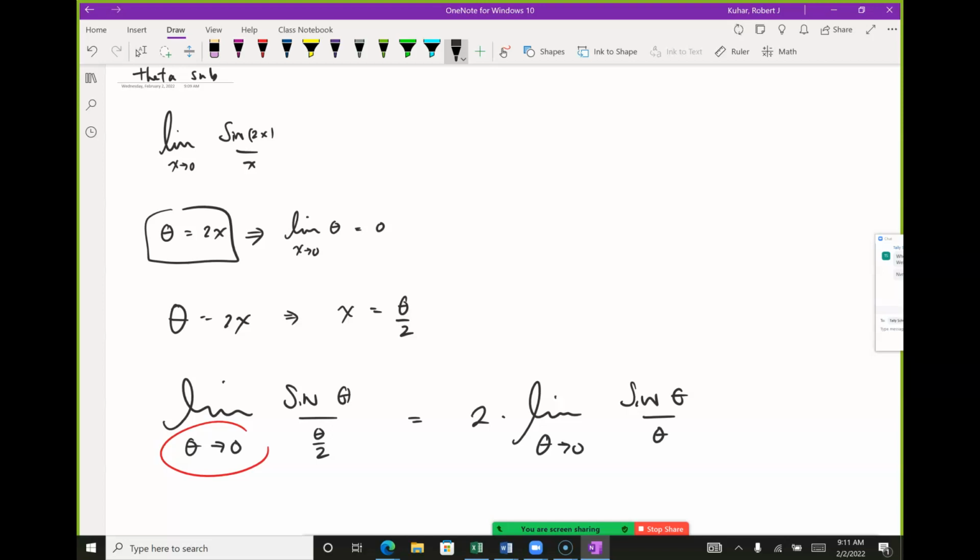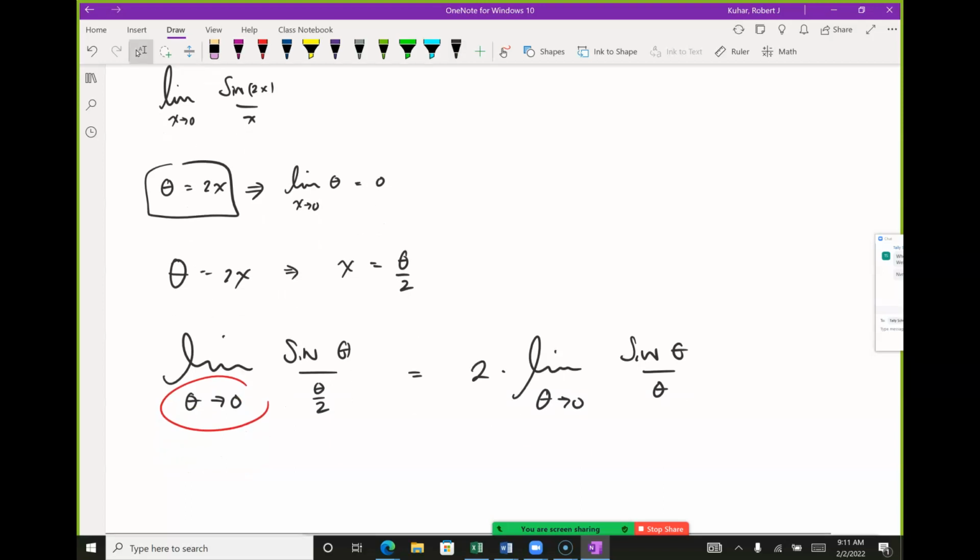Why can I bring that 2 outside of my limit? Why do you think that 2 can move outside of the limit? Why can that 2 move up to here? Well, I know keep, change, flip, it moves to the numerator. But why does it move outside of the limit? Is it because of cross product?